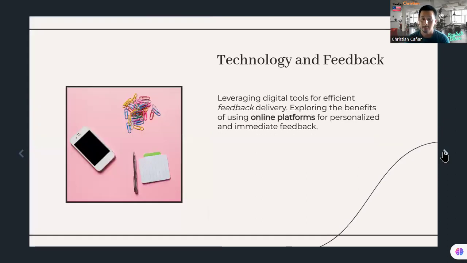Technology and feedback. Technology is an important tool that we can take advantage of, and of course, that means using online platforms, because it helps with customized learning. In this case, customized feedback, because we are getting to know the rhythm of the student.